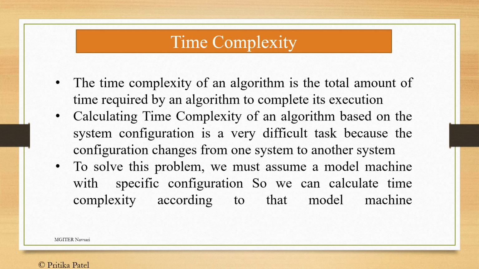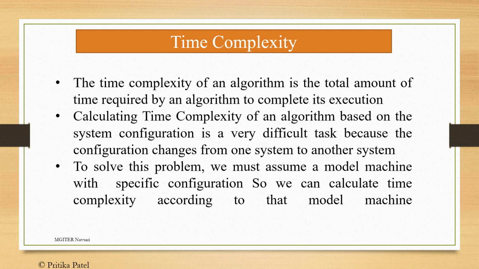Every algorithm requires some amount of computer time to execute its instructions to perform the task. This computer time required is called time complexity. So the time complexity of an algorithm is nothing but the amount of time required by an algorithm to execute its instructions.